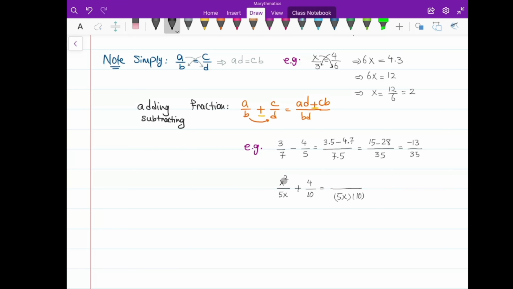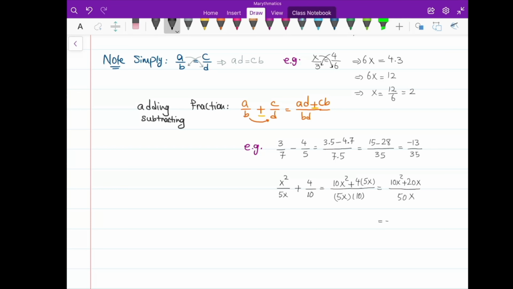And then I get x squared times 10 plus 4 times 5x. Cross multiplication. Okay, so let me simplify and see what I got. So 5 times 10 would be 50. And then times x, I have 10x squared plus 20x.